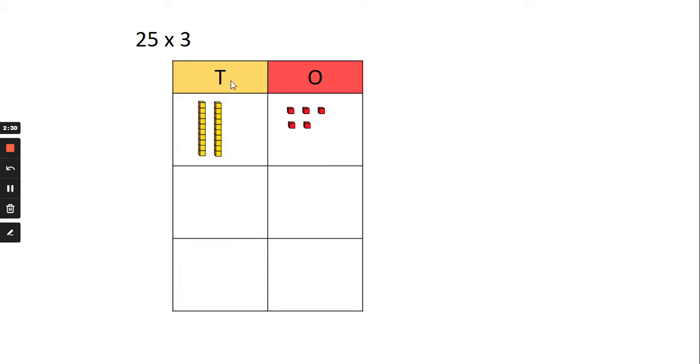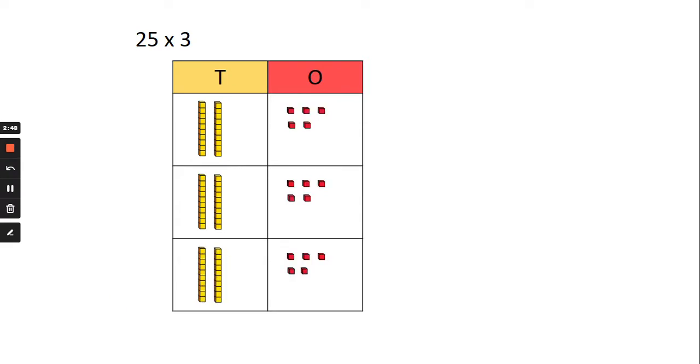That makes the total number of 25. But I need 25 times by 3. So we need to draw 3 rows of my 25. So I'm going to draw those in now.